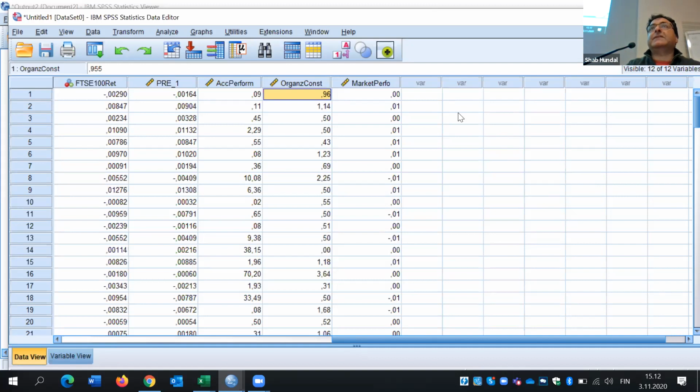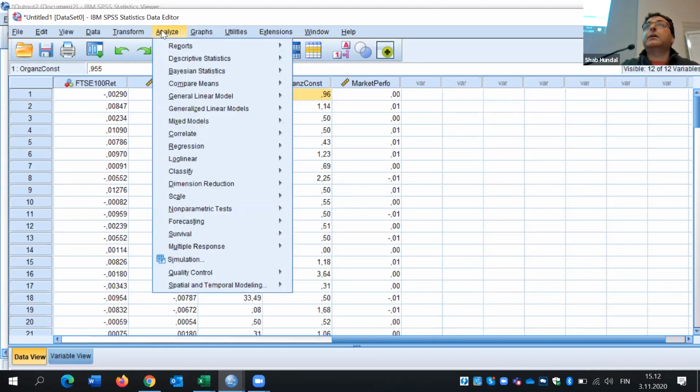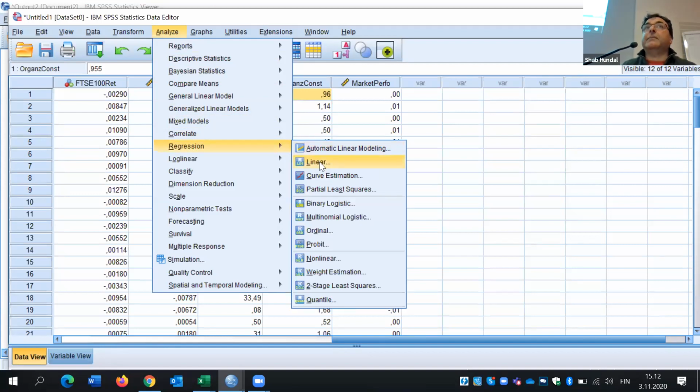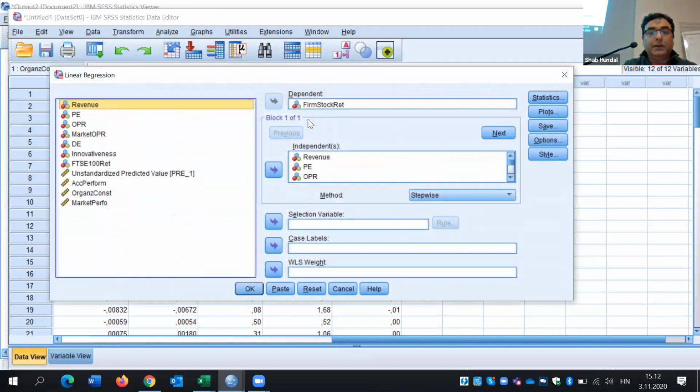All right. Now things become simple, because now we only do the regression, basically. How do we do regression, by the way? We do analyze, regression, and linear regression. Remember, we started our discussion today from this point. Our firm stock return is by default the dependent variable, because in the beginning we took it so, and it's still there.